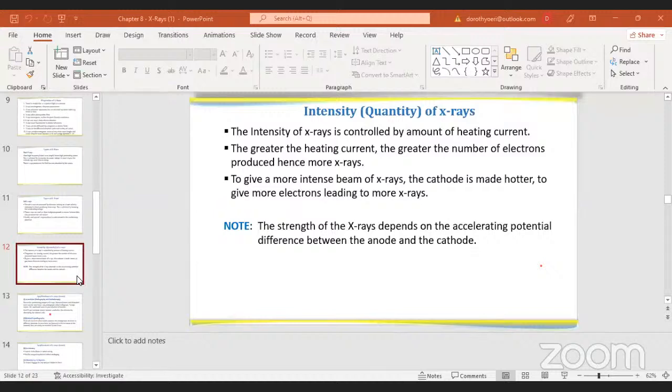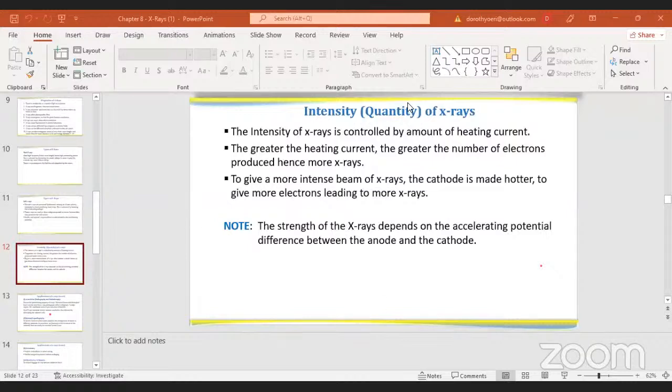So that's why we are saying the intensity of the X-rays is controlled by the heating current. The more the current, or the higher the current, the more the production of X-rays, okay.